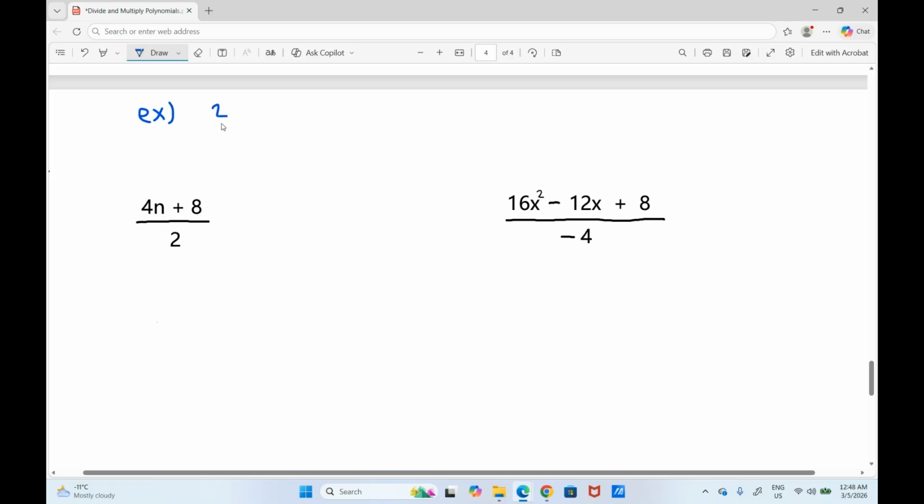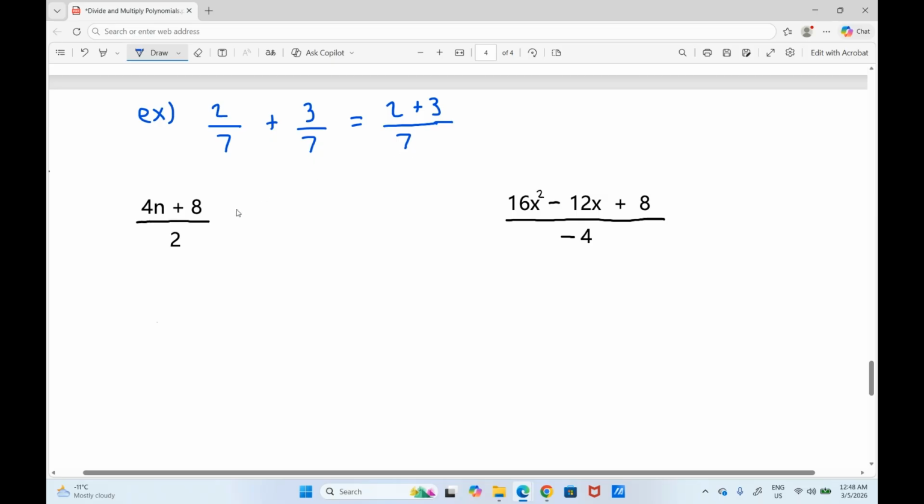So recall that if I had 2 over 7 plus 3 over 7, because the denominator is the same, I keep it the same when I add fractions, and I just add the numerator. So I'm going to end up having, for 2 over 7 plus 3 over 7, 2 plus 3 over 7.